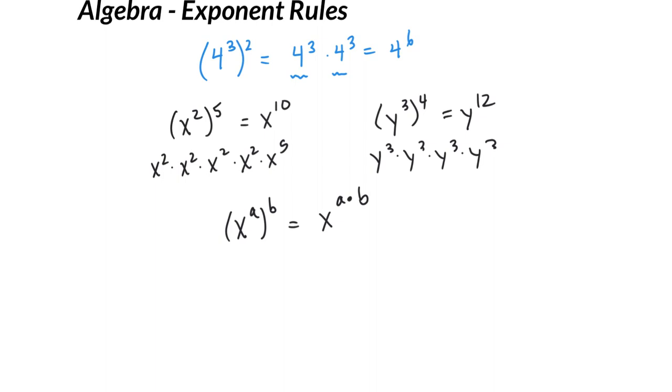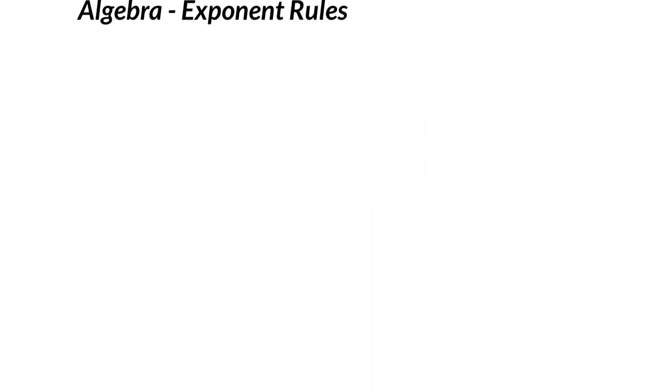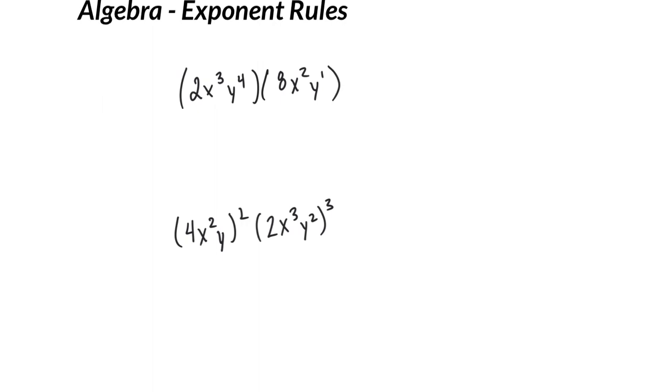All right, now I want to put a couple of these things together and show how they can work in tandem. So first off, we've got 2 kind of exponential type expressions all multiplied together. Now, I want to point out that numbers, just plain numbers like the 2 and the 8 here, they behave as always. What is 2 times 8? Well, 2 times 8 is 16.